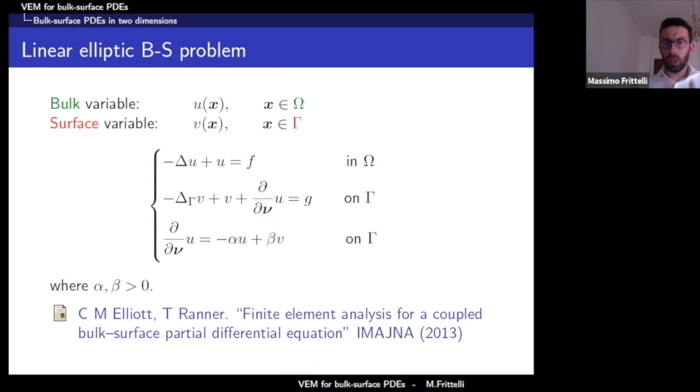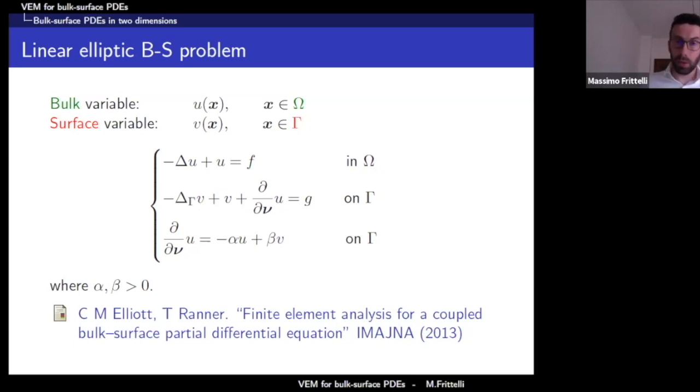The first is an elliptic problem, which is this one, in which you have basically a Poisson equation in the bulk coupled with another linear equation on the surface. These two equations are coupled through linear boundary conditions. As you can see, such a model was used in this reference, and it has several applications.